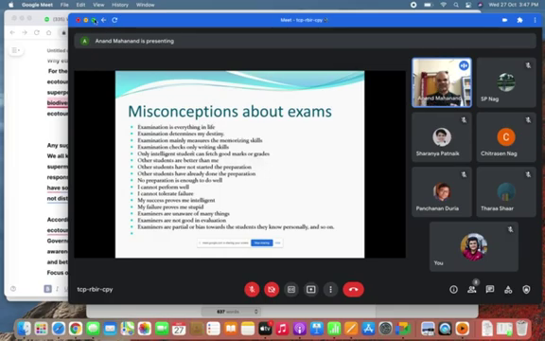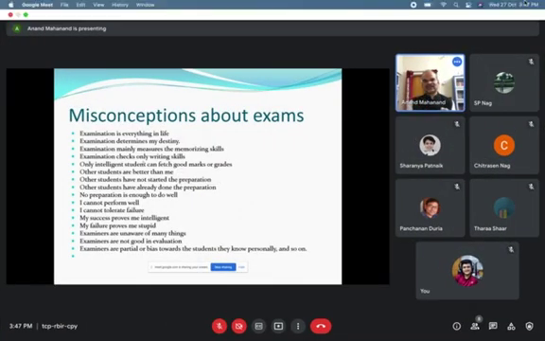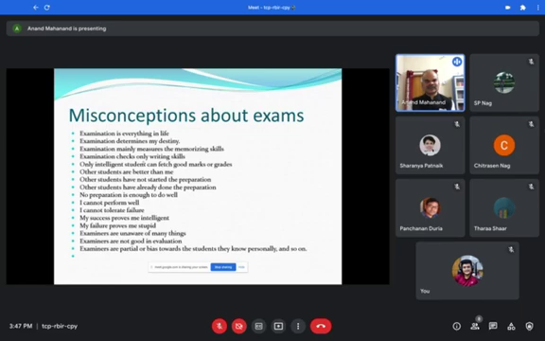They are trying to assess all aspects of learning, not only memorization, writing, but also speaking. There is something called CCE, Continuous Comprehensive Examination. Comprehensive means including all aspects of learning.